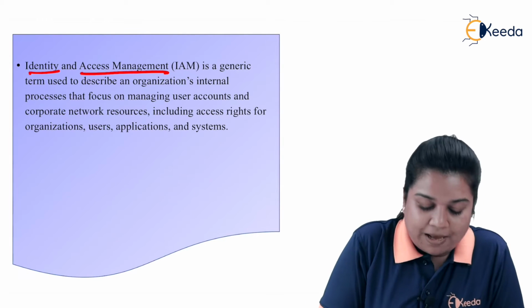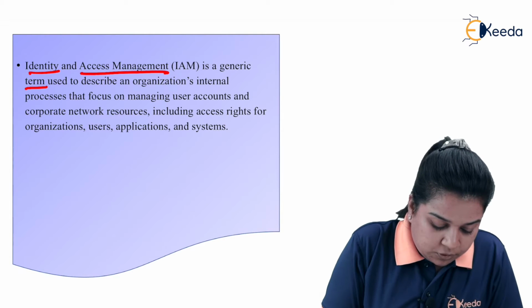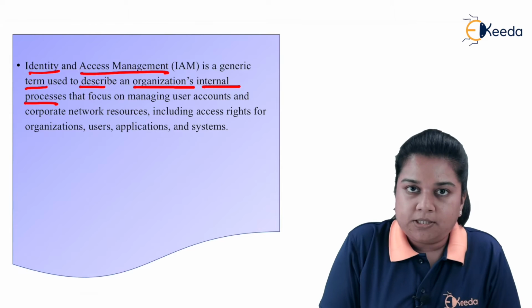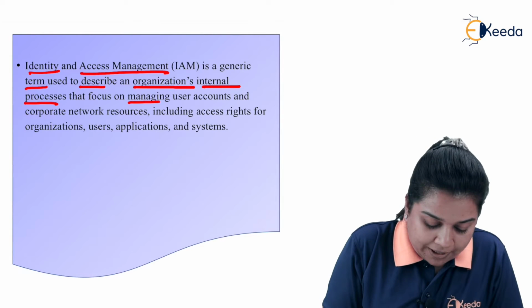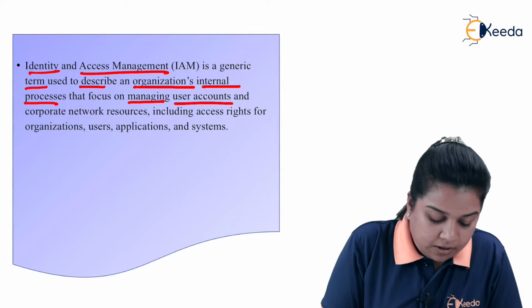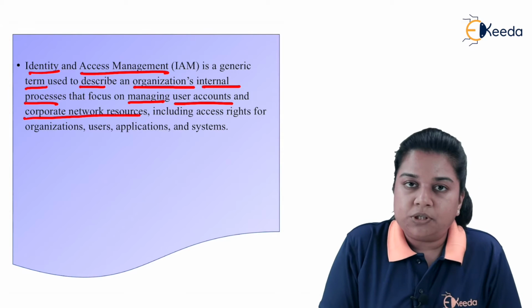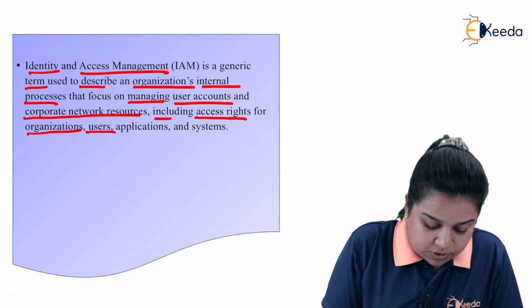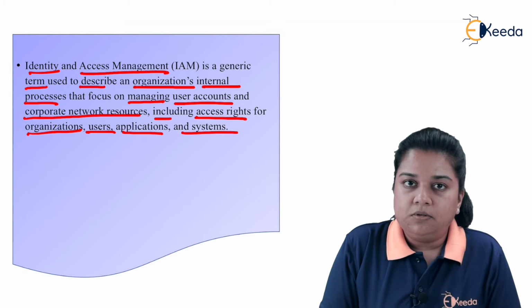Identity and access management is a generic term used to describe an organization's internal processes that focus on managing user accounts and corporate network resources, including access rights for organizations, users, applications, and systems.